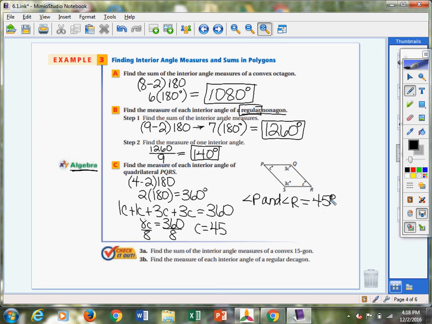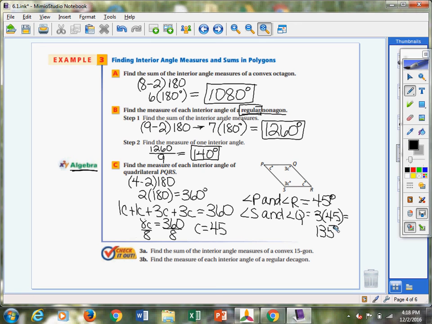Okay? And then angle S and angle Q are going to be 3 times that, which is 135 degrees. Okay, so that's a little bit of algebra there.